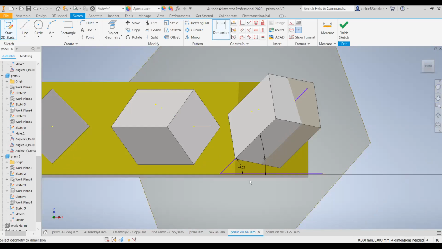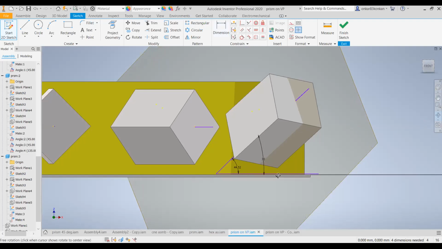So in the problem, the angle given with respect to HP is the true angle. The true angle is visible from the direction perpendicular to the imaginary plane which is passing through the line or through the axis. You can see the difference between these two angles.